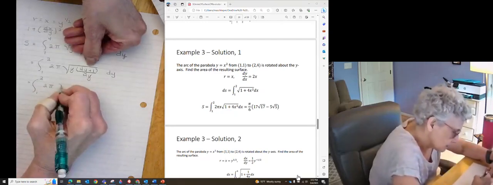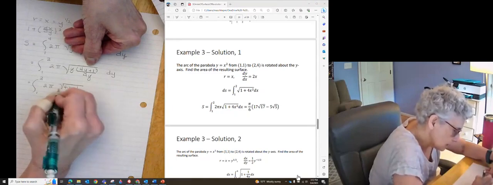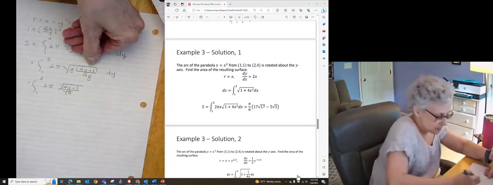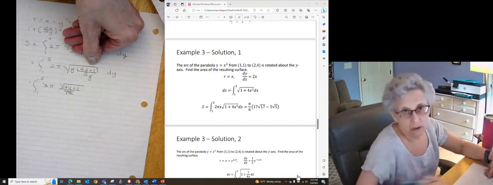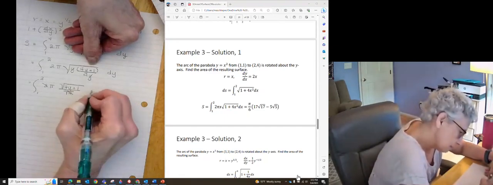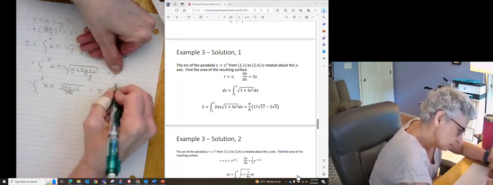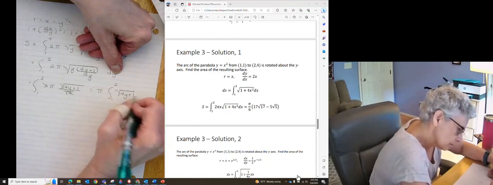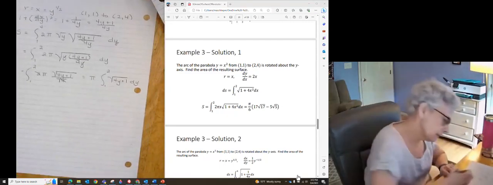We have square root of 4y plus 1 on top, square root of 4 down below, so really 2 and square root of 4 can cancel away. So we have pi times integral from 1 to 2 square root of 4y plus 1.